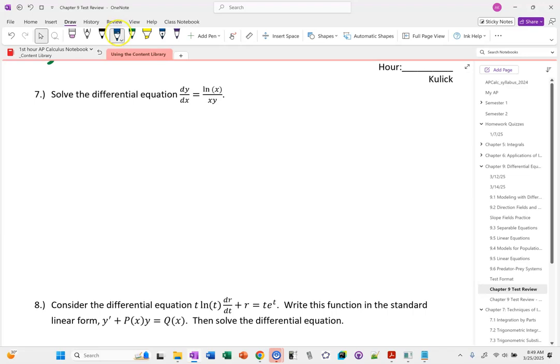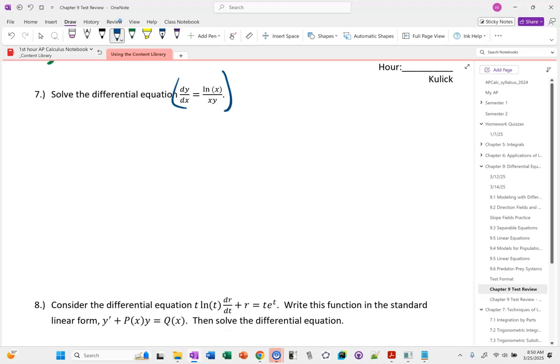Let's do this one. What should I do first? Separate variables, right?